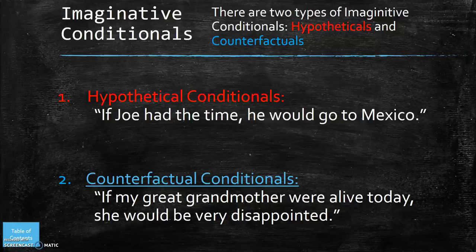So this is imaginative. She's not alive today. But if she were, then we make our main sentence statement. She would be very disappointed. Okay? So, again, we're using our imagination to create a conditional sentence to state, if my great-grandmother were alive today, she would be very disappointed.